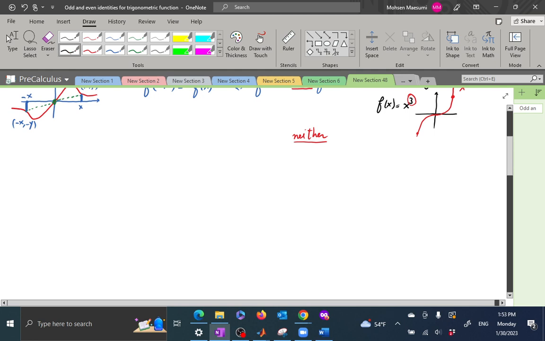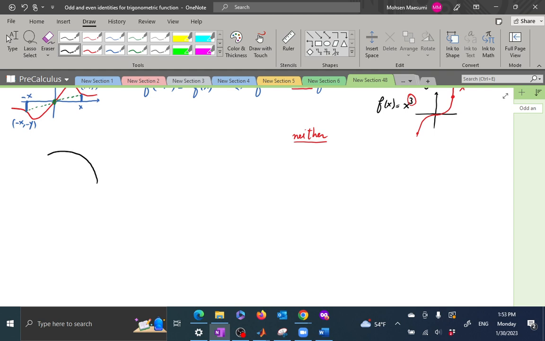we had defined our trig functions based on this unit circle. So we have this unit circle, we have of course our x-axis, and then we have some angle here, theta, and our trig functions are based on what happens at that location on the circle. What are the coordinates on the circle?